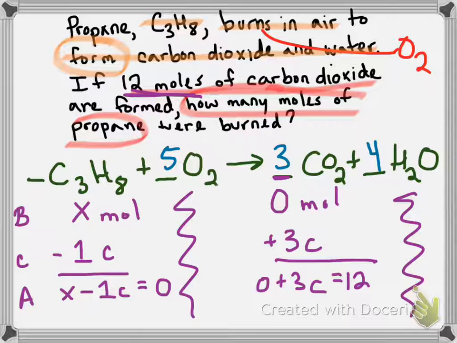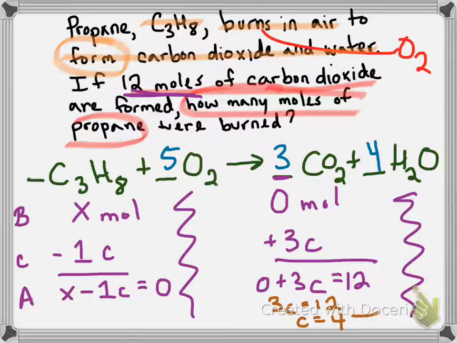In the first equation, I have two unknowns, x and c, and only one equation, so I can't start with that equation. But in this equation, I have only one unknown, c. So I'm going to start by solving for my c. 3c equals 12, so c would equal 4. 12 divided by 3 is 4.